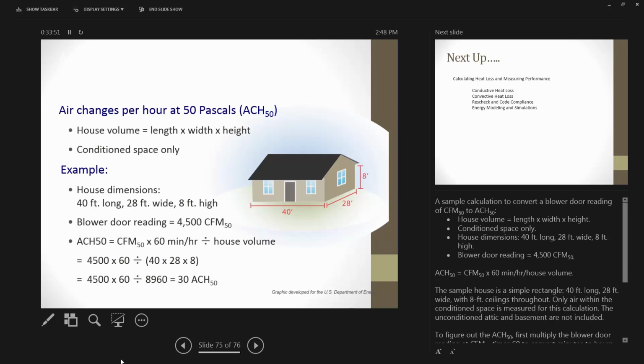So you'd have to come up with what your cubic feet per minute flow would be. Does that make sense? So let's say we were shooting for 4. We've got 8,960, so X times 60.